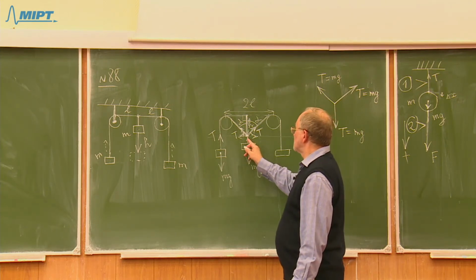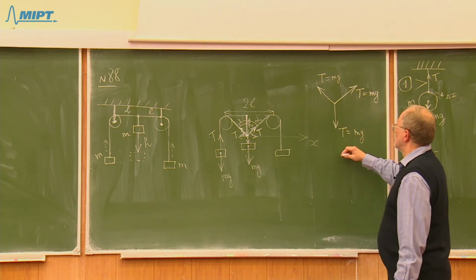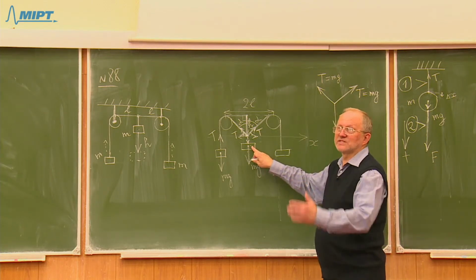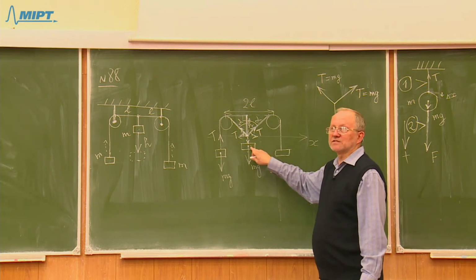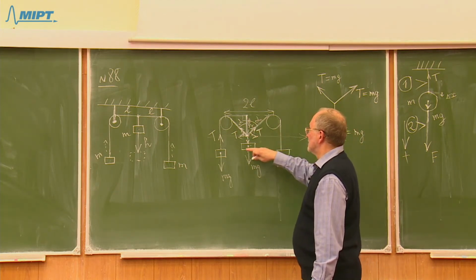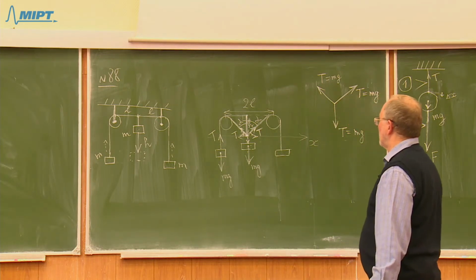The force of tension is T. It must be equal to mg. Why do we know it? Because of the statement of the problem. The problem says that this body will be at rest, and we need to find its displacement after the oscillations have stopped.